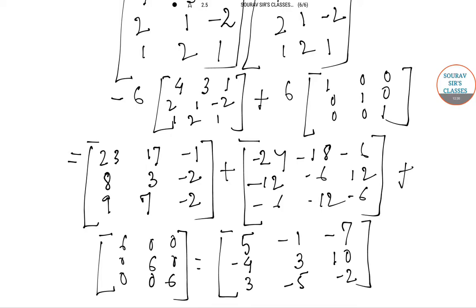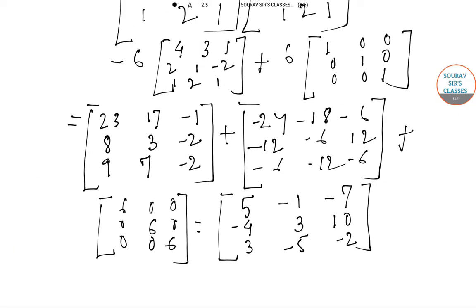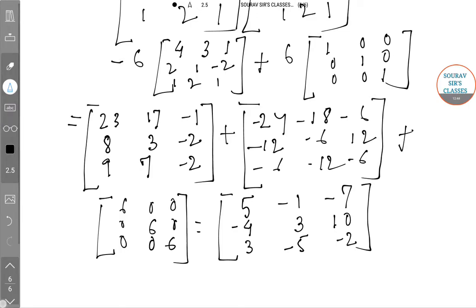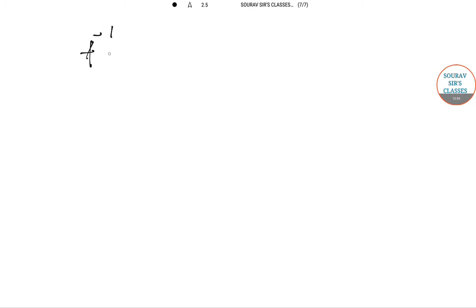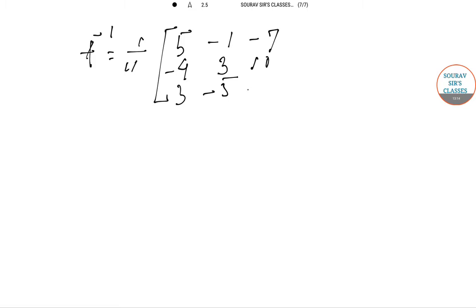Now we were supposed to find A inverse. Okay, so your A inverse will be equal to 1 by 11 times this matrix, and that's your answer.